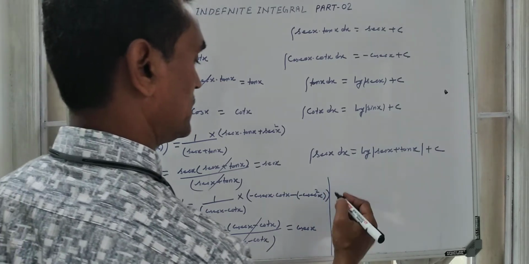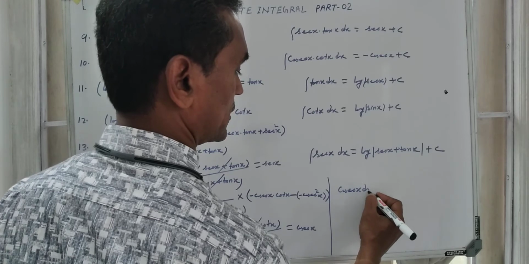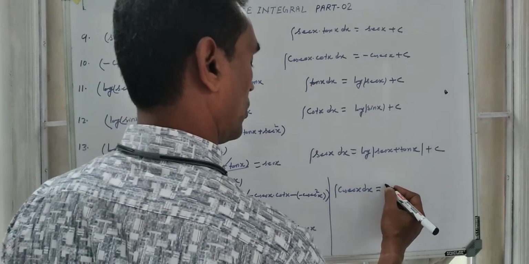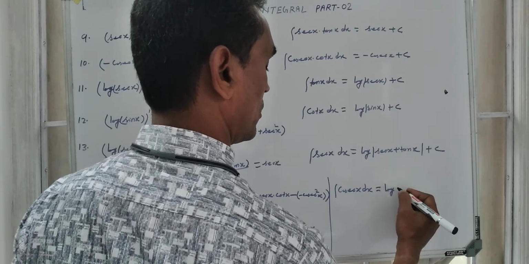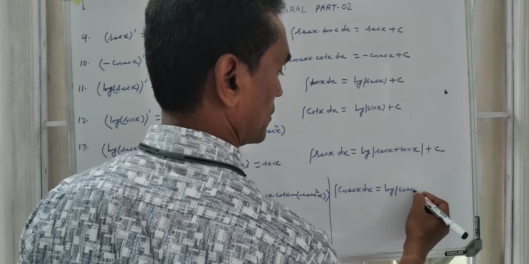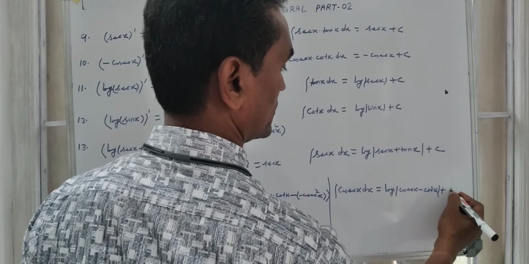So integral of cosec x with respect to x is log of cosec x minus cot x plus c.